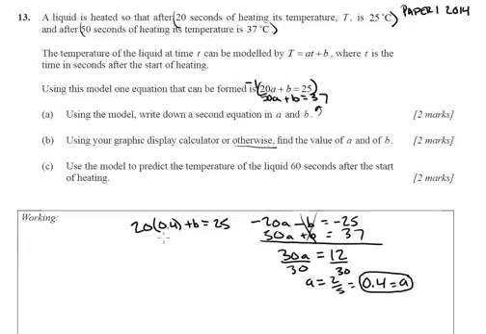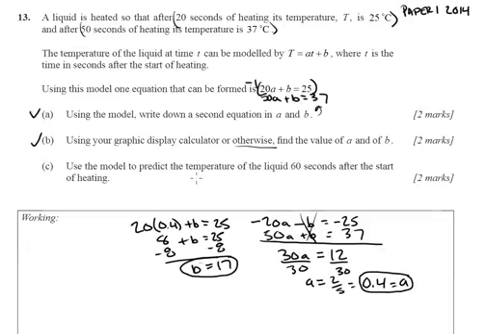So 20 times 0.4 is 8, plus B is 25, so subtract 8, and we get that B equals 17. All right, so there's our two values. A is 0.4, B is 17. That's what we just found. So we did A, we did B.